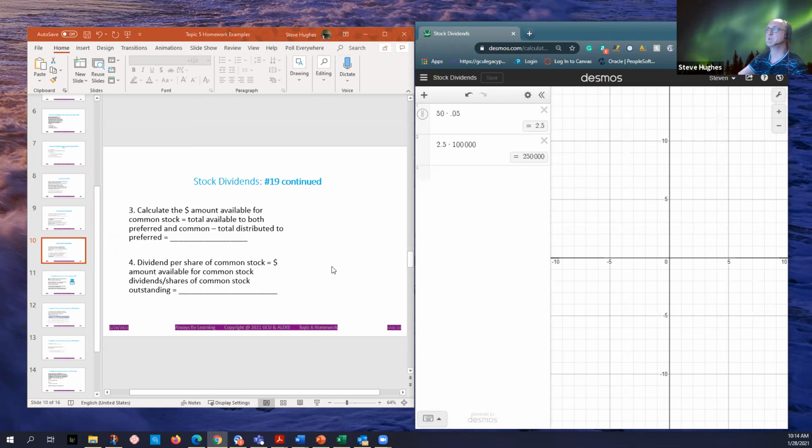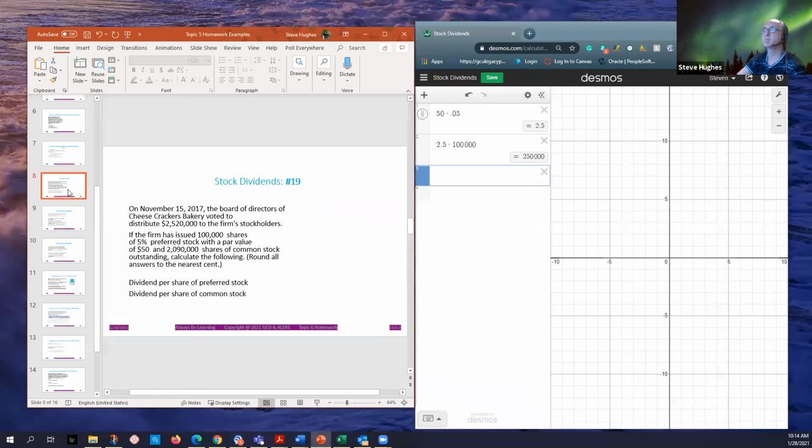That is the total amount available to both preferred and common stock minus the 250,000 to the preferred stock. So go right back up here. How much was available? 2,520,000, right?